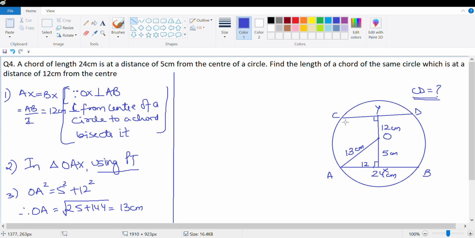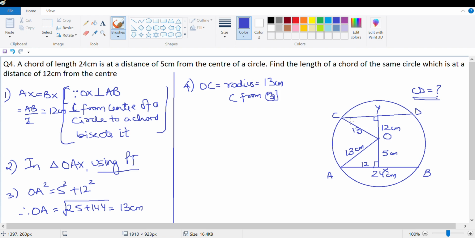Now let's join C and O. So OC is the radius. OC is equal to radius, and this is given equal to 13 centimeter. We calculated this in point number 3. So OC is 13, OY is 12.